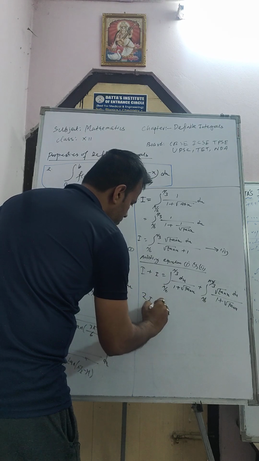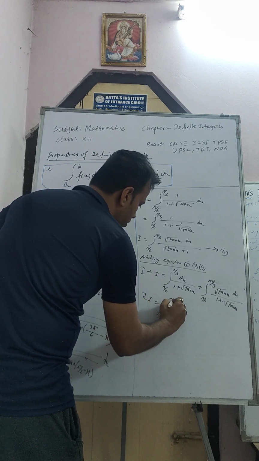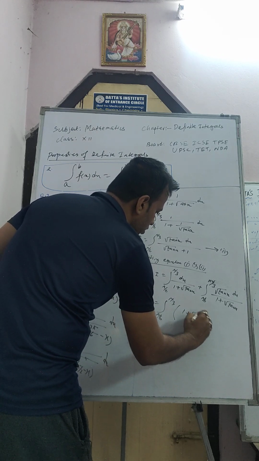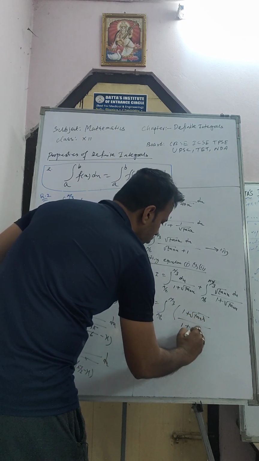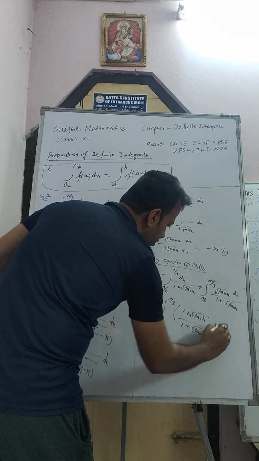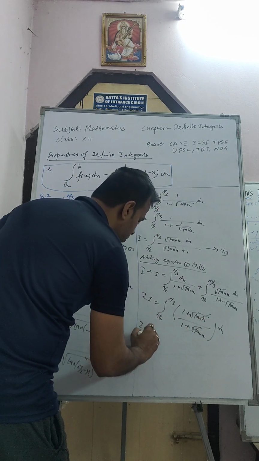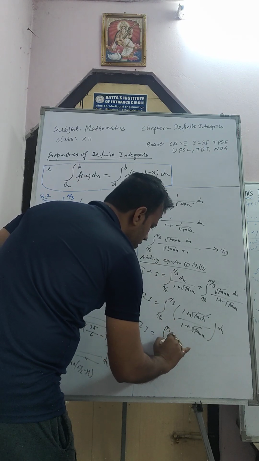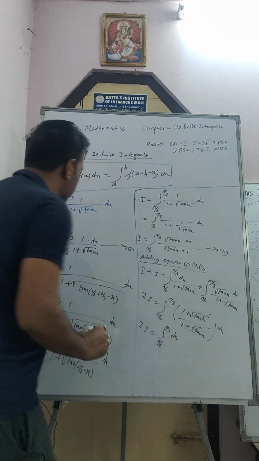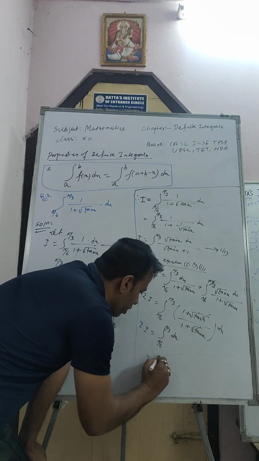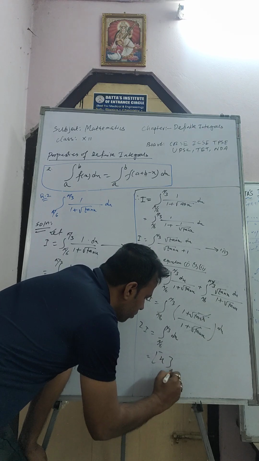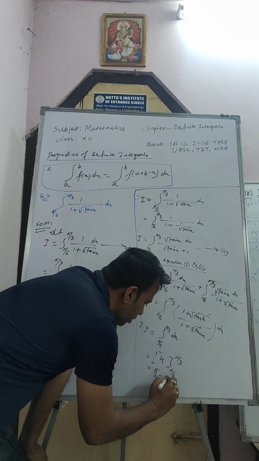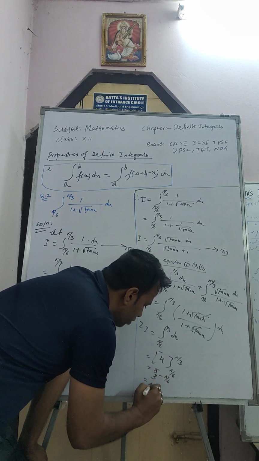So it becomes the integral of (1 plus root over tan x) by (1 plus root over tan x) dx. This one will be cancelled out, so 2I equals the integral from pi by 6 to pi by 3 of dx. So the integration of dx is what, sir? x, so it will be pi by 3 minus pi by 6, so the answer will be pi by 6.